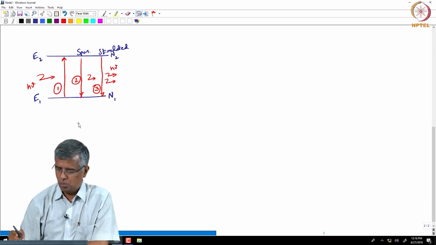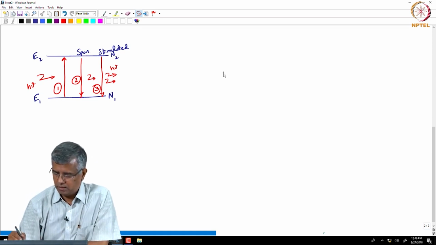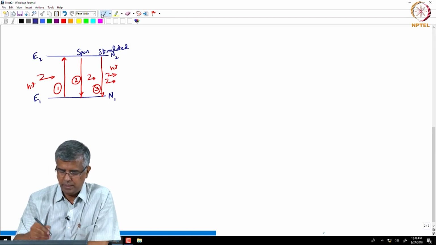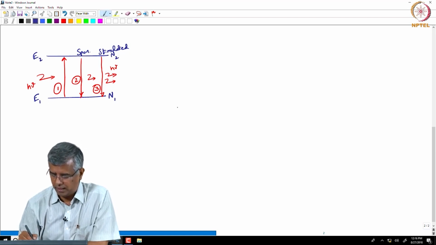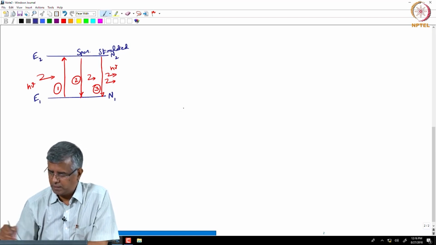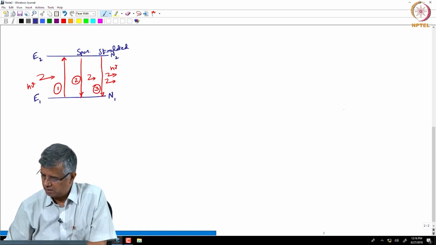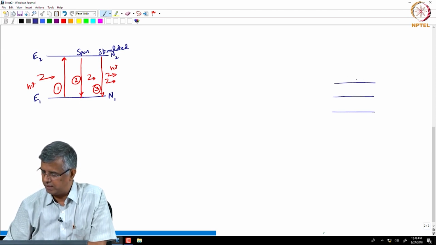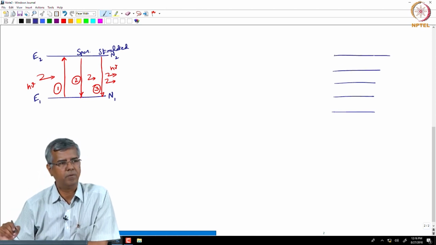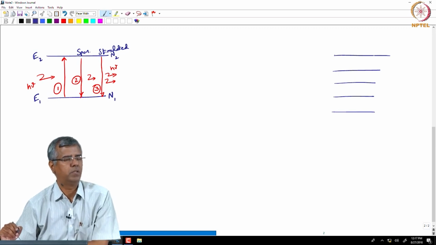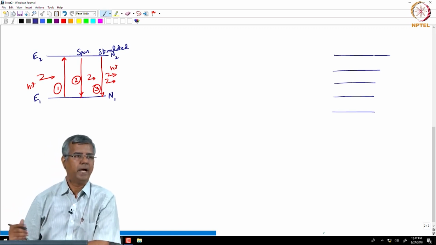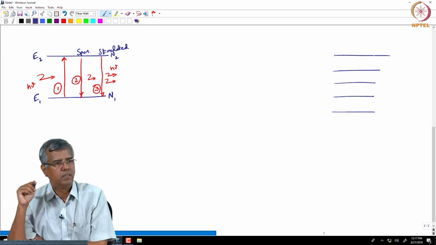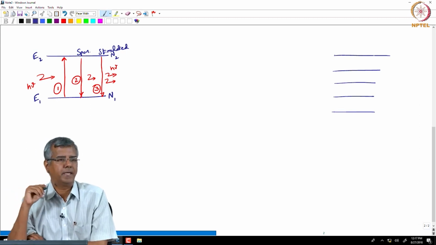When you consider any material, it is going to have multiple energy levels. Let me just draw this. We talked about only 2 energy levels, but in general any arbitrary material may have multiple energy levels associated with this. Once again, these are all higher orbitals that are possible for a given atom.